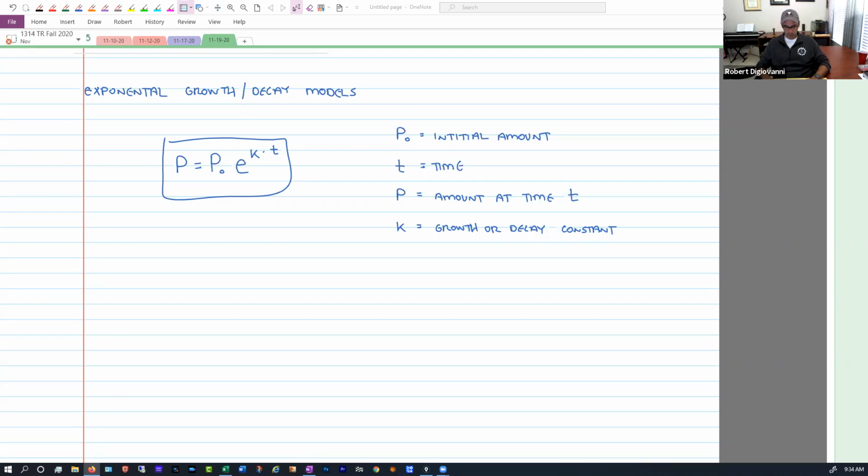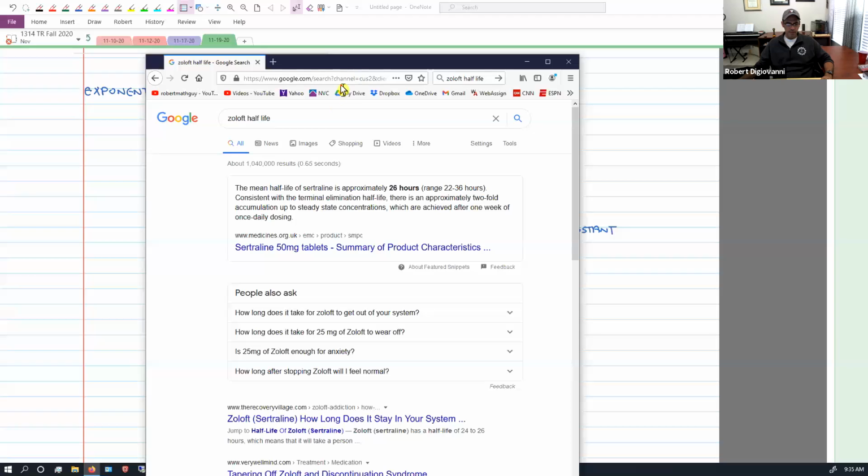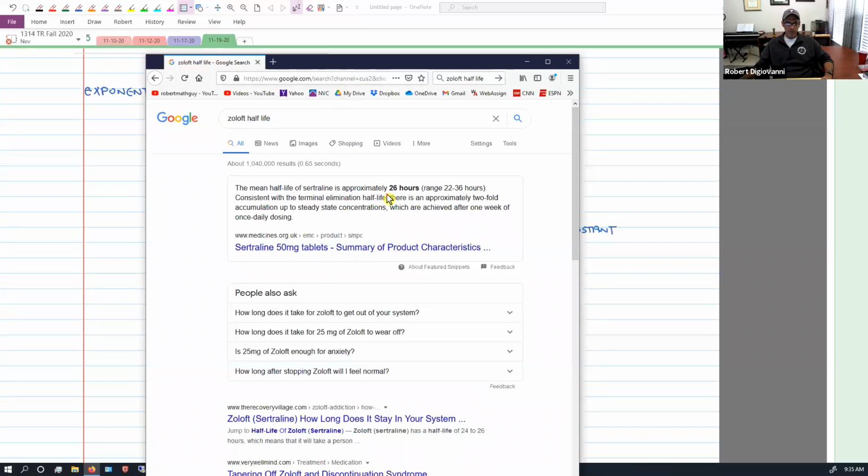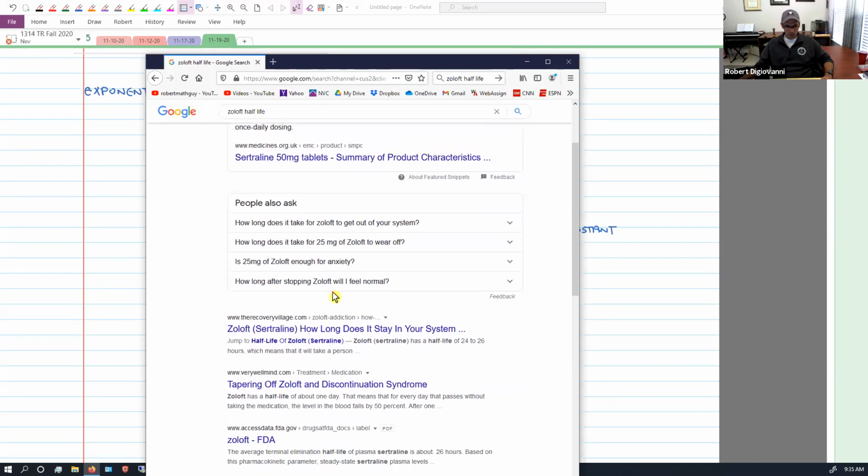Zoloft half-life. I'll show it to you in a second once I bring it up here. Okay, here we go. So we're just going to go off of this. I guess that's the generic name for it? Yeah. Okay. So it has a half-life of about 26 hours. I'm not sure what Zoloft's for.